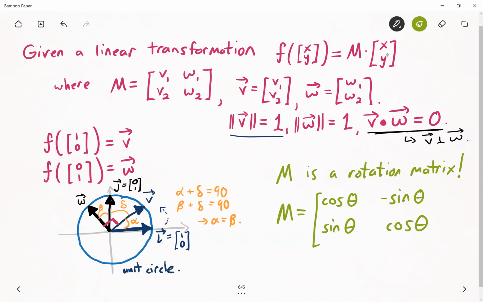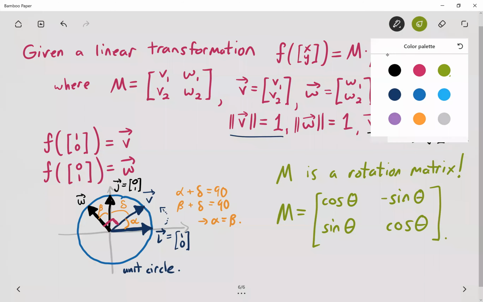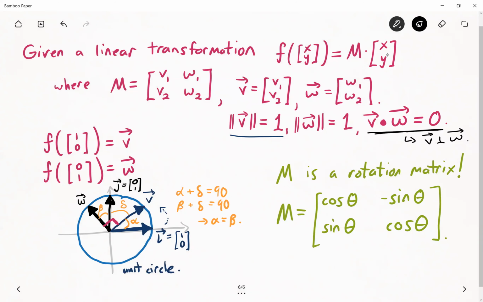If you're rotating around the origin by theta, that's captured by this particular matrix. And so any matrix whose columns have these properties, both columns have unit length and their dot product is 0, turns out to be a rotation matrix.